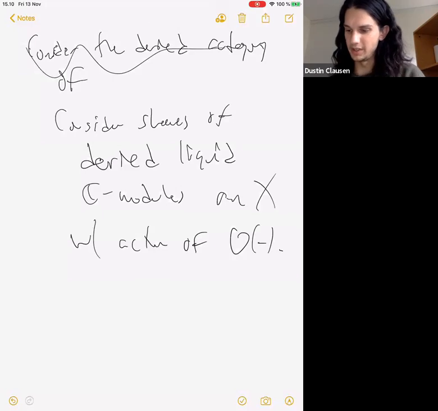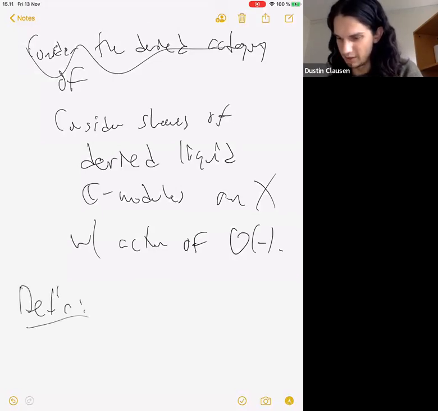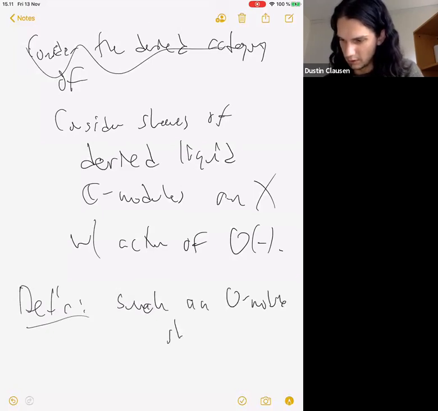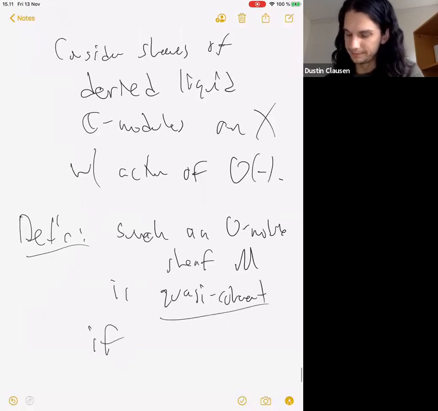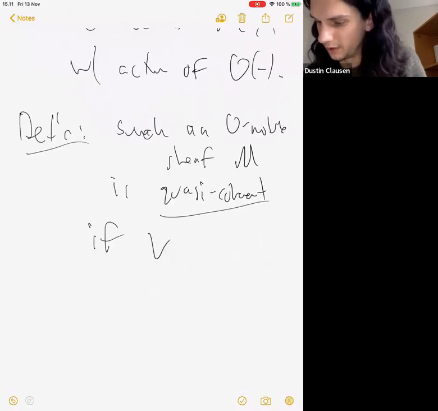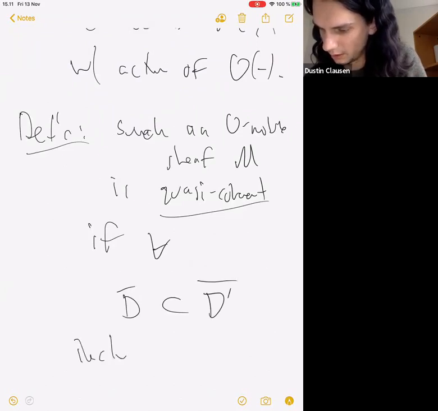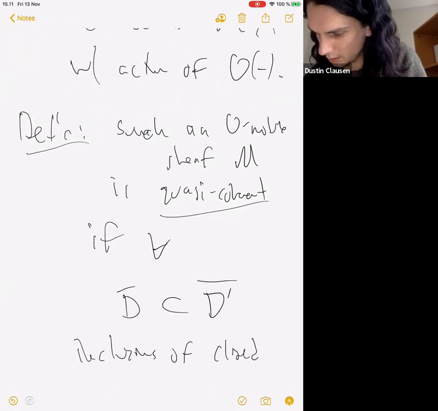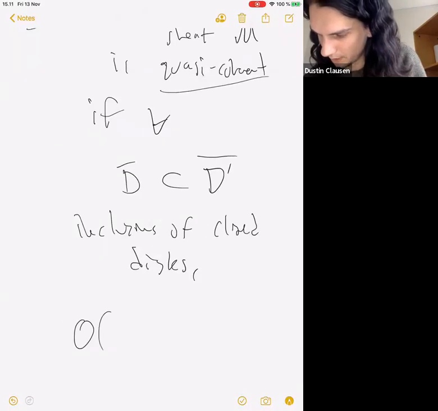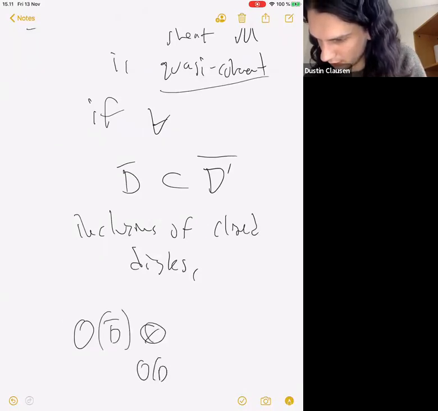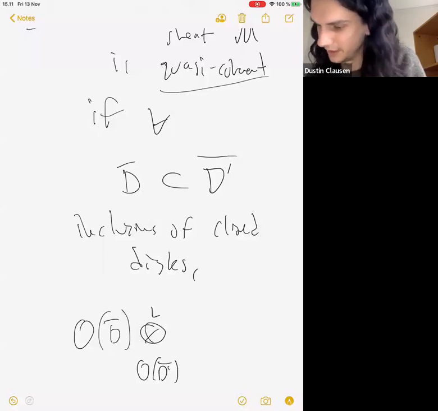We'll define a quasi-coherence condition on these. So here's the definition. Such an M, such a sheaf of O modules, is quasi-coherent if for all inclusions of closed disks, again, it's always going to be the derived liquid tensor product.